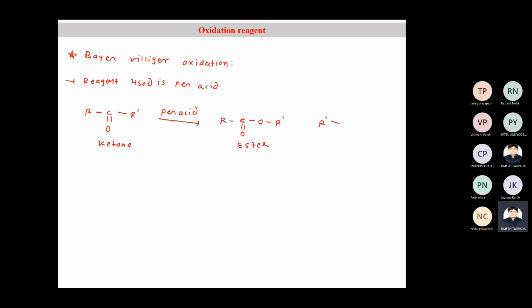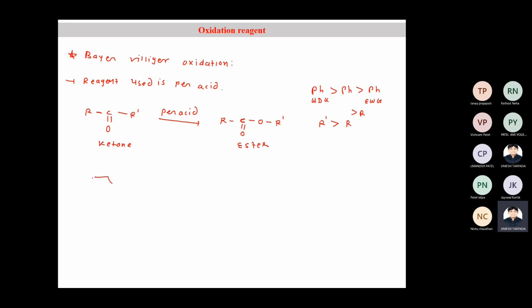R dash has higher migrating aptitude than R. Of course, a phenyl ring with an electron donating group is more nucleophilic, so it migrates most, then next is the phenyl ring, then phenyl ring with an electron withdrawing group, followed by the alkyl group. This is the migrating aptitude.